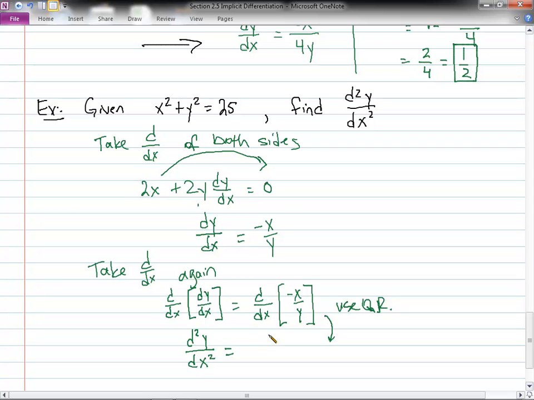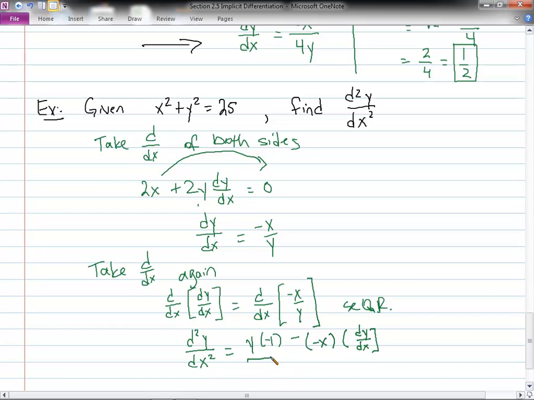Quotient rule. Low d high minus high d low over low low. So low, y. D high, negative 1. Minus high, which is negative x. D low, dy/dx.